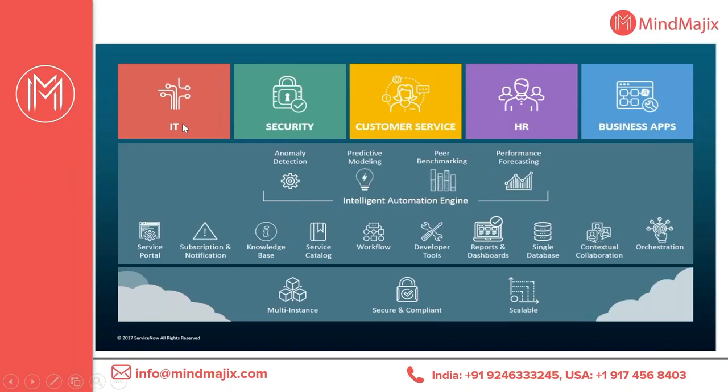It is catering to IT, security, customer service, HR, and business apps. By business apps, it can be an out-of-box ServiceNow business app, or it could be your own customized business app. To facilitate these sectors, it is using the service portal and notifications. Notification is basically email or push mails that you get.